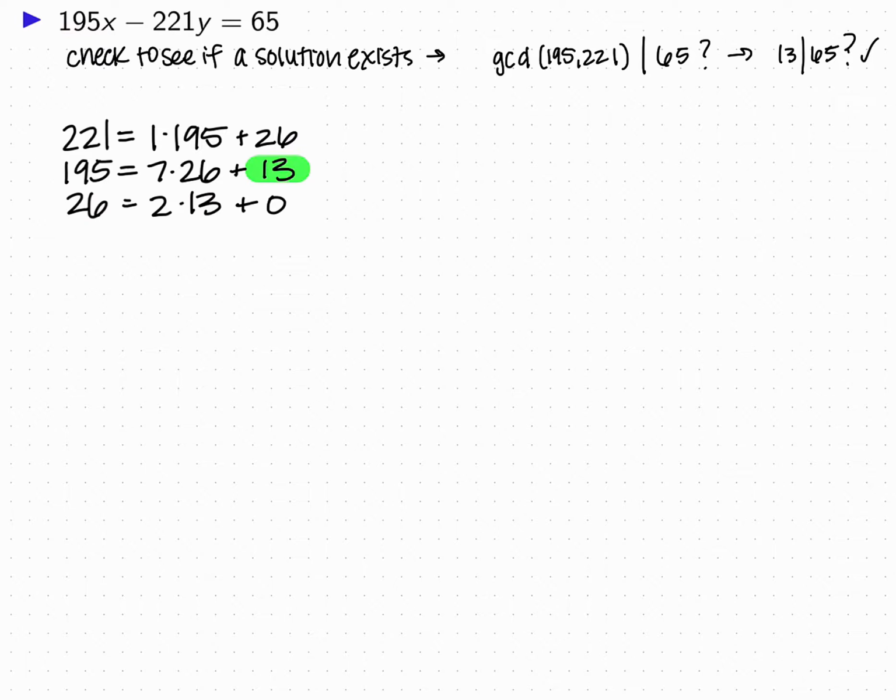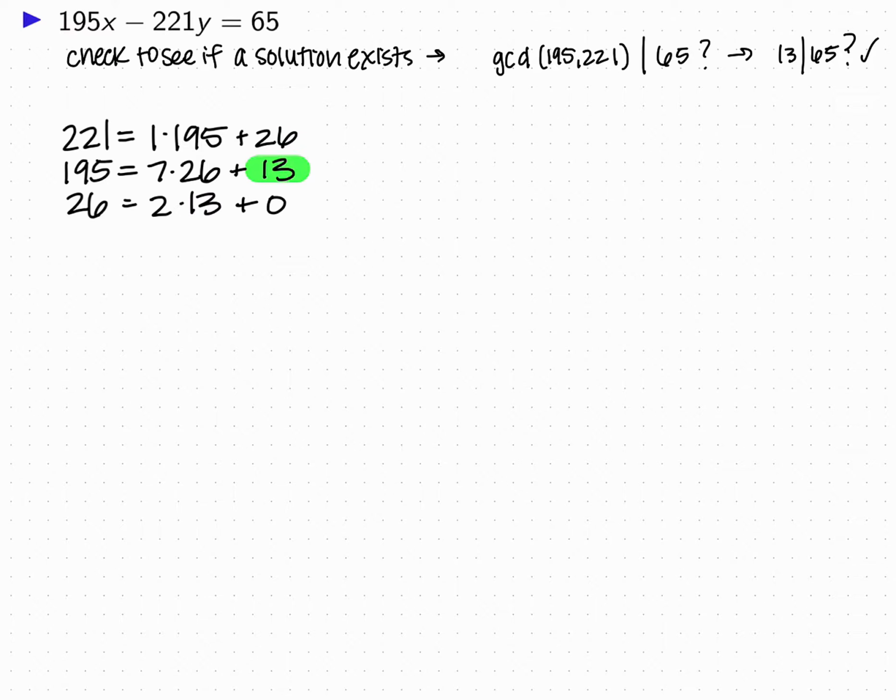We've already done step one of finding the solution. Step one is to use the Euclidean algorithm to find the GCD. Now I will take this algorithm and write my GCD 13 as a linear combination of 195 and 221. What that will do is allow me to then generalize to more solutions.